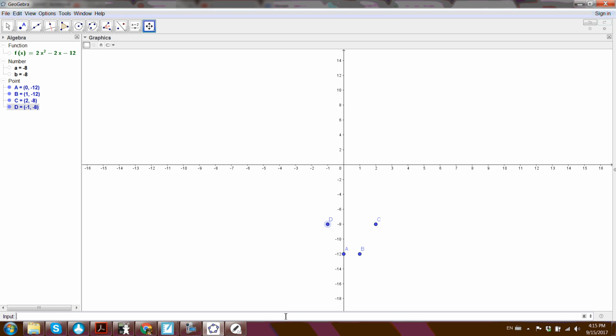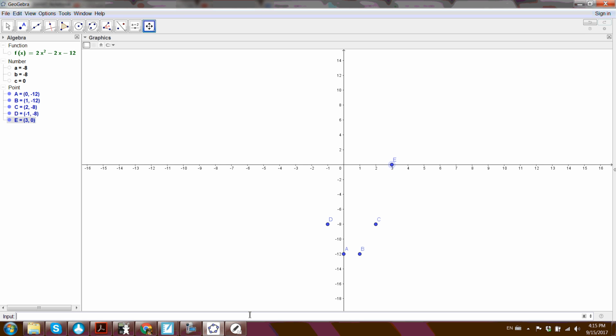Okay, let's see what f of 3 is. It's 0. F of 3 is 0. So that means that the point (3, 0) is on the graph, and that means that 3 is one of the x-intercepts. Can you guess what the other x-intercept is?